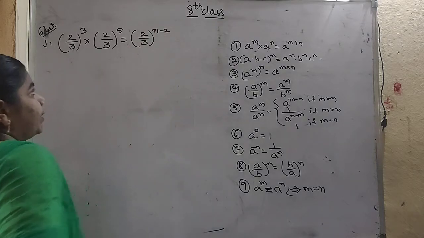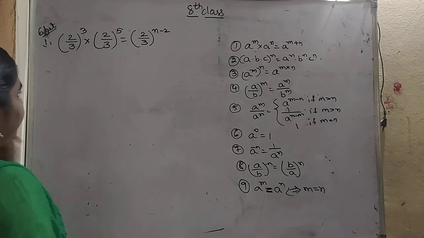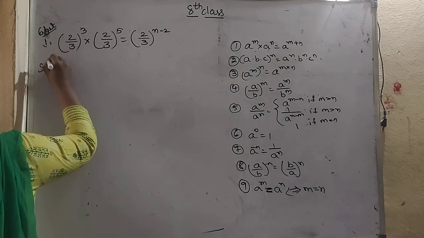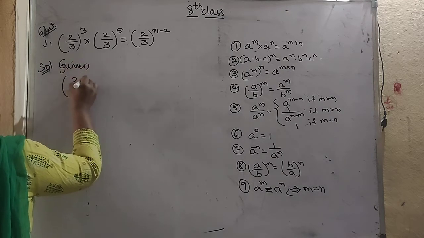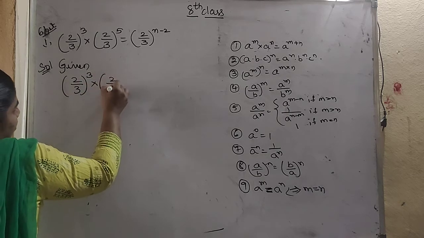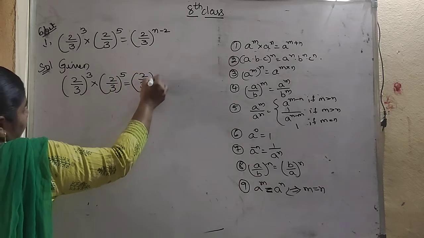What we have to find is the n value here. First we will write the given: (2 by 3) whole power 3 into (2 by 3) whole power 5 is equal to (2 by 3) power n minus 2.